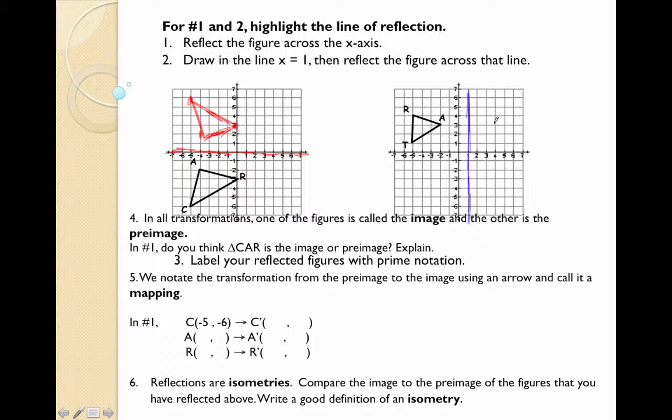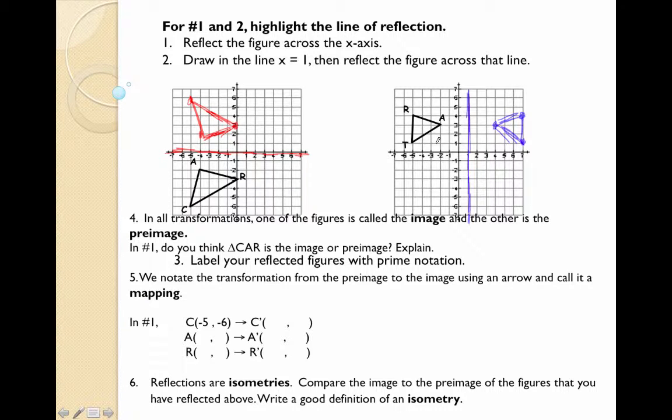So I go 3 more and put a point. From R here, I have to go 1, 2, 3, 4, 5, 6 to get to the line. So I go 6 more and plot the point. And from T, I also have to go 6 because see, those are on a vertical line together. So I still just go 6 more. And there's my new triangle.